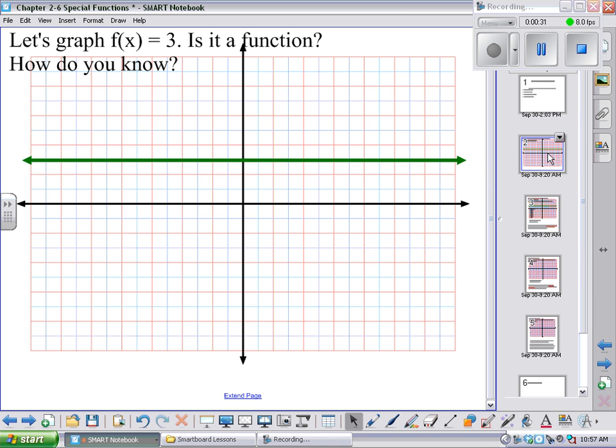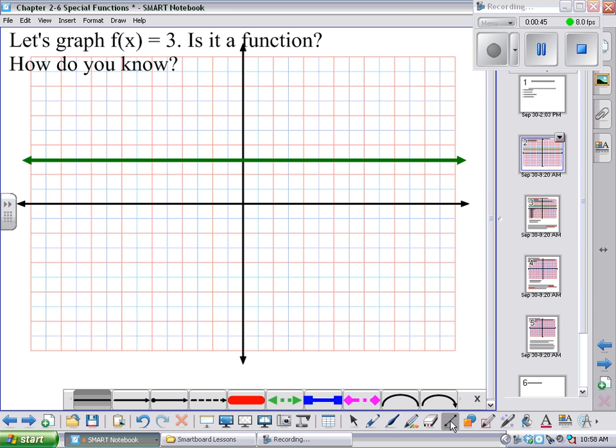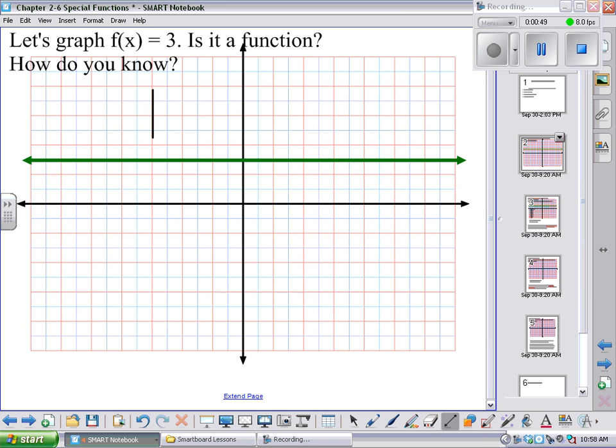All right, so if you look at the graph of f of x equals 3, is it a function? And how do we know? Well, because it's a graph, the easiest way to determine if it's a function is to use the vertical line test. So we take our vertical line, let me place it anywhere on the graph, and it only touches the graph in one place, right there.